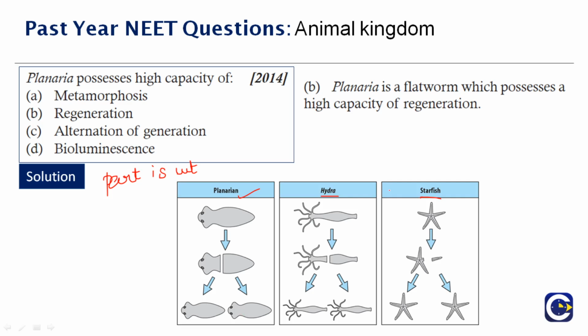All these are examples of regeneration. The lizard is a very good example where the tail gets fully regenerated. But the same scenario cannot be seen in humans, except hair. The rest of the parts, once cut, cannot be regenerated, right? So regeneration is the formation of something new again. Therefore, the correct answer to this question is option B.